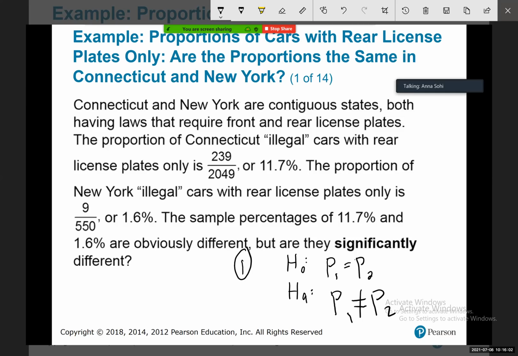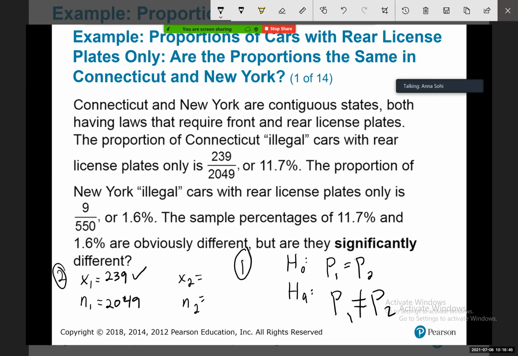Okay. With the first population, what is x1? So I need you to list these. What do you think is x1? What is n1? What is x2? What is n2? So let's put that as step 2 because it helps us with the requirement. Let's say Connecticut illegal cars are the first population. So x1 would be 239 successes out of 2,049.